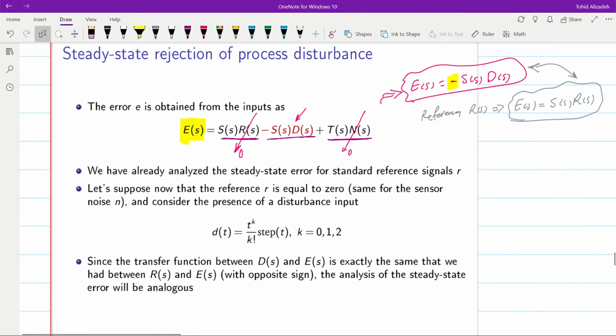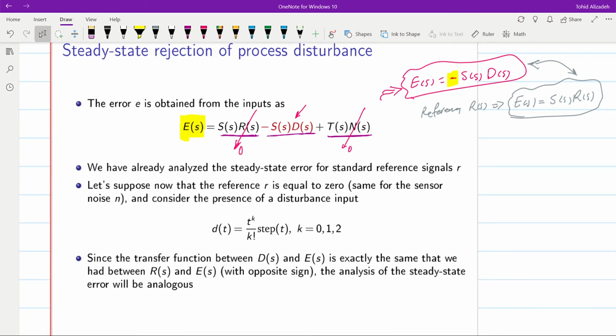Alright, so we will consider similar types of signals for the disturbance that we had for the reference. D of t will be in the form of t to the power of k over k factorial for k equal to 0, 1, and 2 for the step, ramp, and parabola kind of signals.